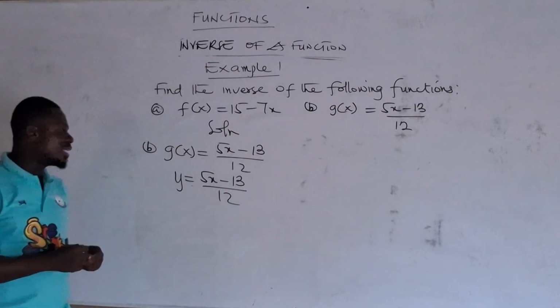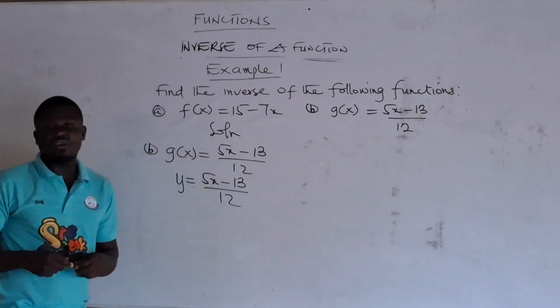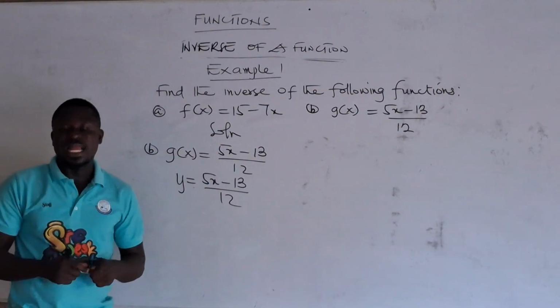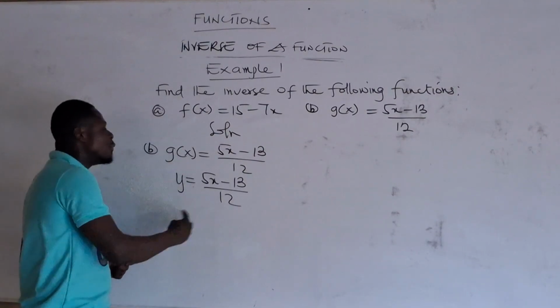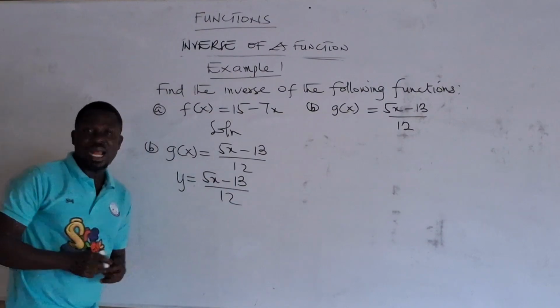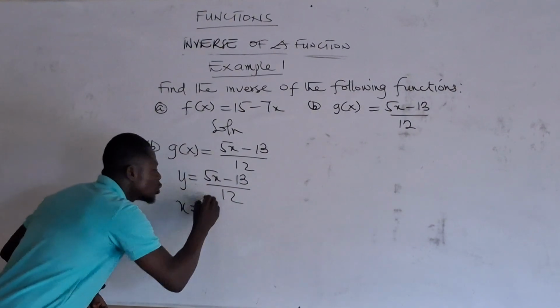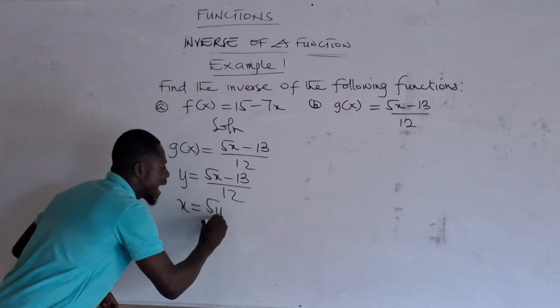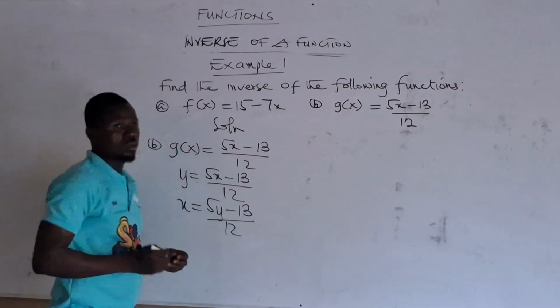The next step says that we interchange the positions of the x and the y. What it means is that in place of y, we will write x there. In place of x, we will write y there. So it will be x is equal to 5y minus 13 divided by 12.